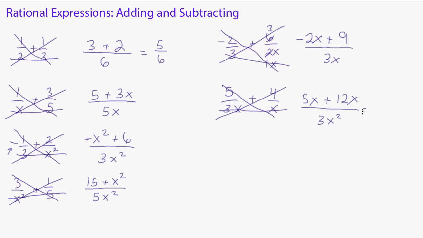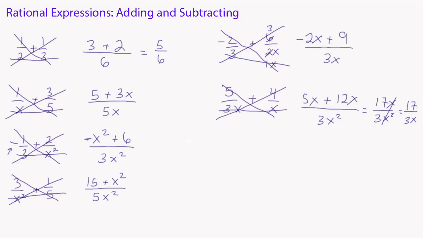And now we're going to add 12x plus 5x gives you 17x over 3x squared. And this is what happens with this unconventional method. Sometimes you have to reduce in the end. In this case, the x over the x squared we need to reduce. And so this becomes 17 over 3x.